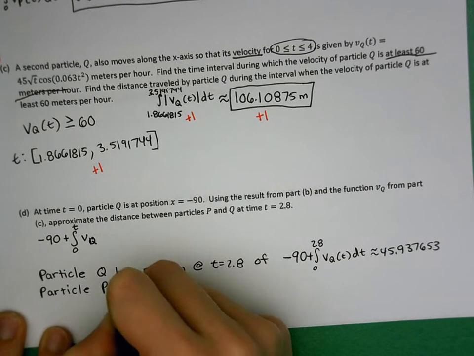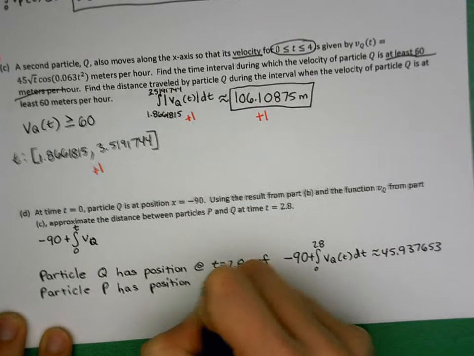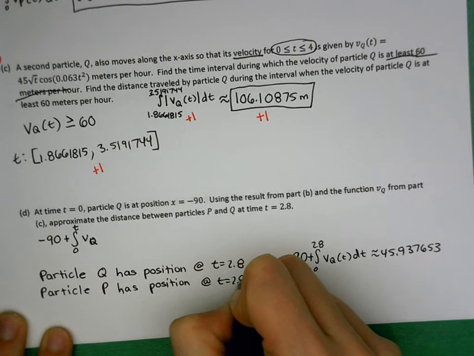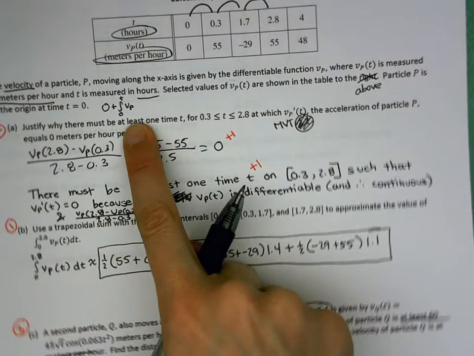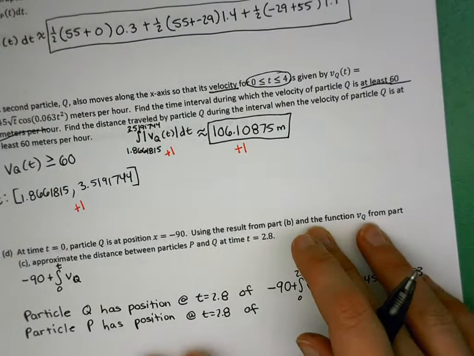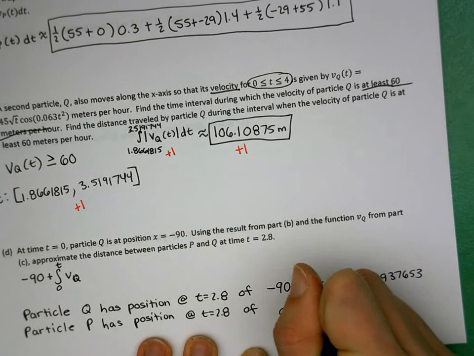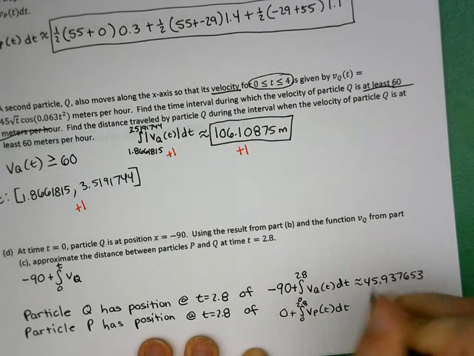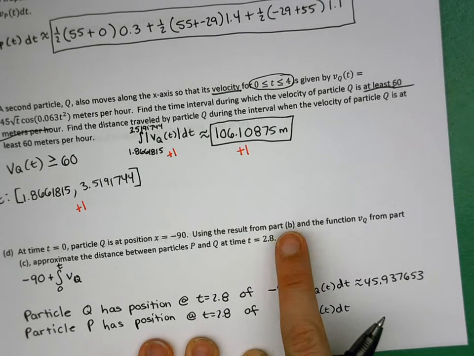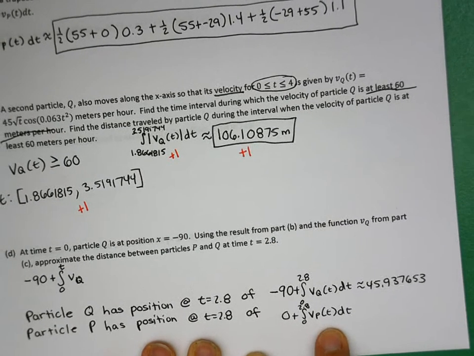Okay? Particle P has position at t equals 2.8 of, and particle P's desired position formula was this one up here, 0 plus, etc. So 0 plus the integral from 0 to 2.8 of v sub p of t dt, which, that's why they said use the part in part B. We figured out what that integral from 0 to 2.8 of v sub p of t was, or we approximated it.